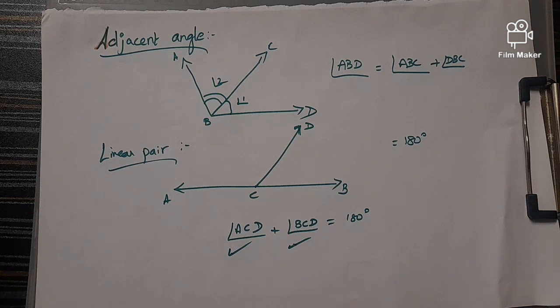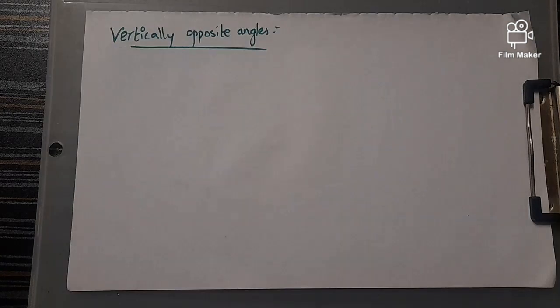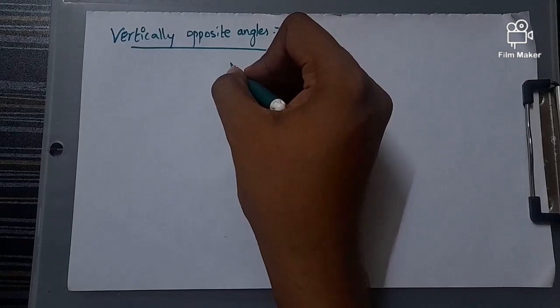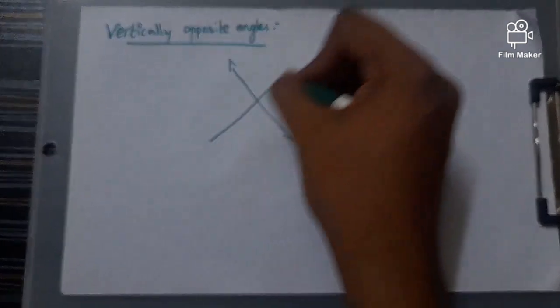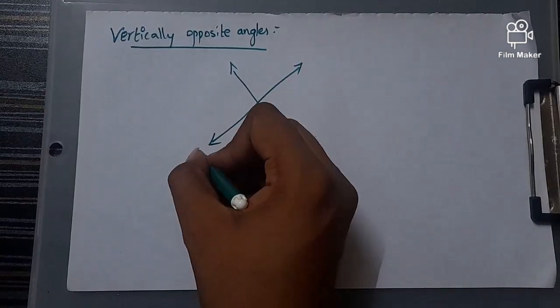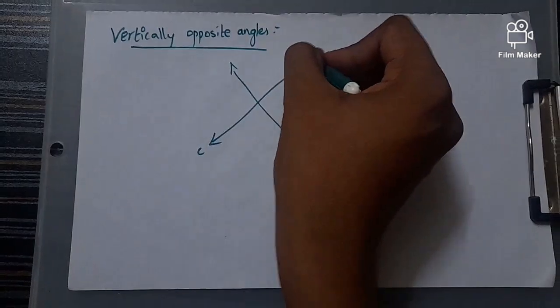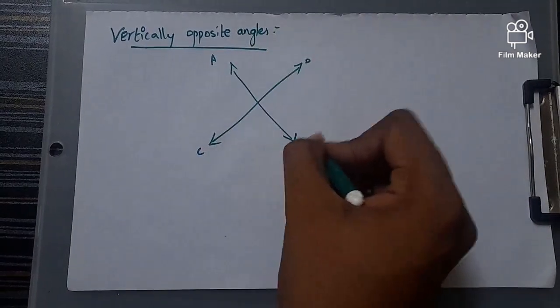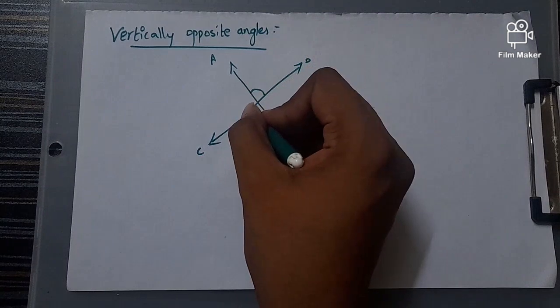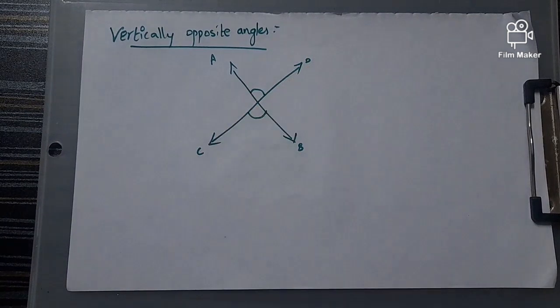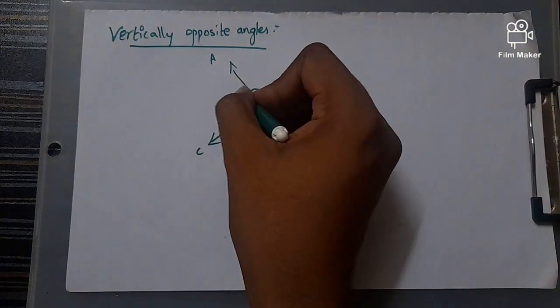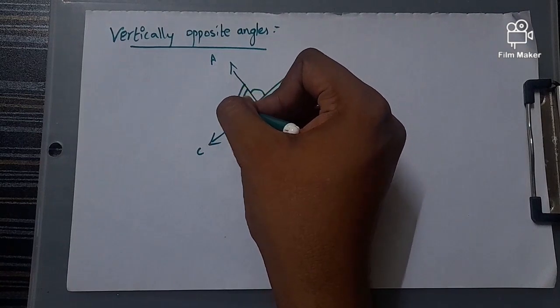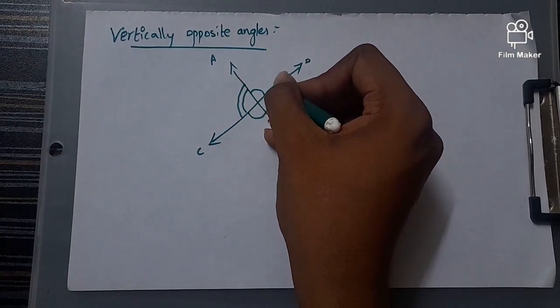Another small thing we need to know is vertically opposite angles. The diagram of vertically opposite angles: lines AB and CD intersecting at O. This angle is vertically opposite to this angle, and similarly this angle is vertically opposite to this angle.